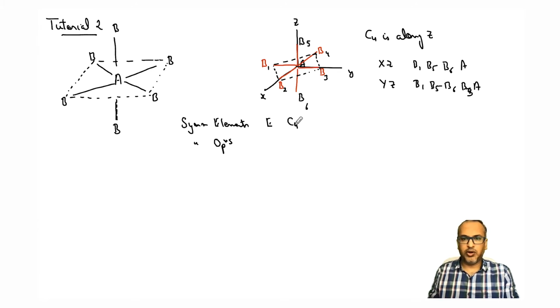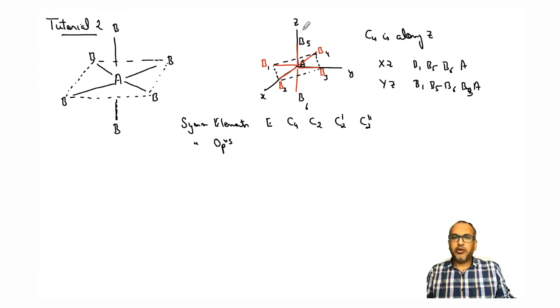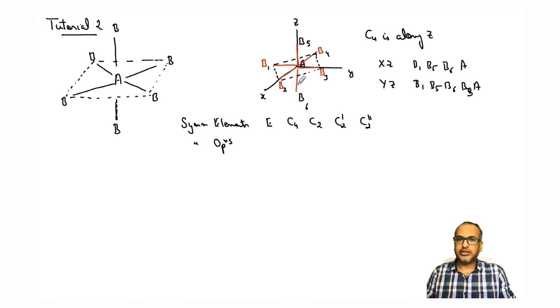Also there would be a C2 along this. Then there would be C2 prime and C2 double prime. So C4 is along the Z axis. Now C2 is also along the Z axis. C2 prime will be perpendicular to the Z axis, so it will be either X or Y. So there will be two C2 primes, right?